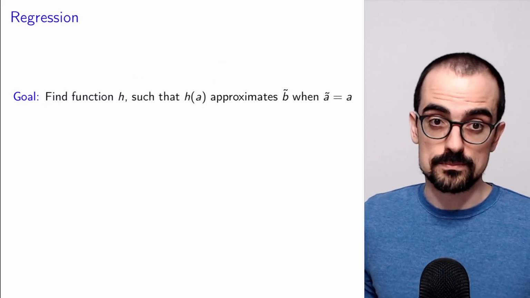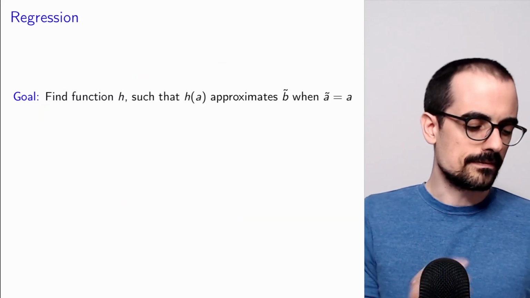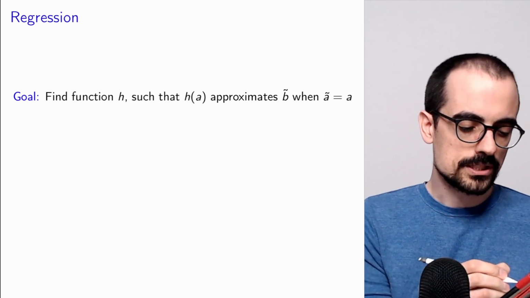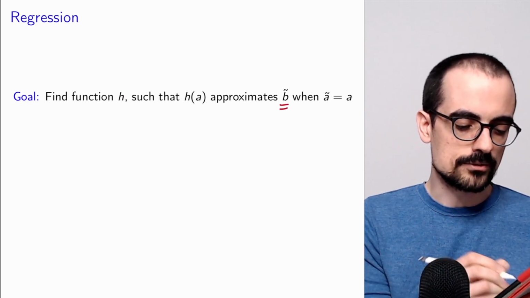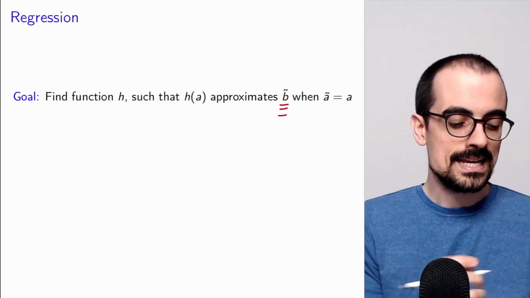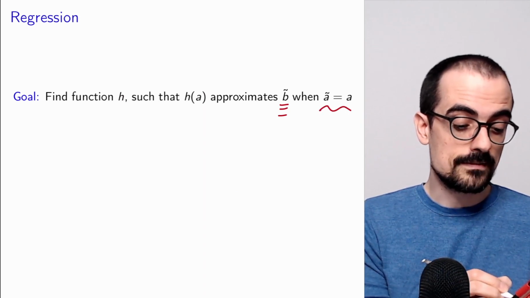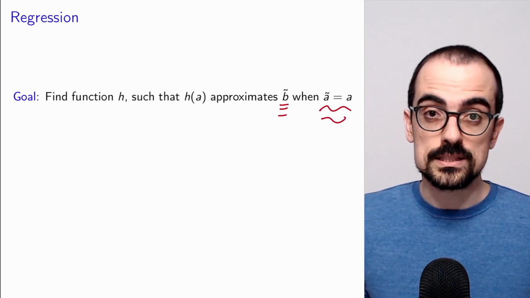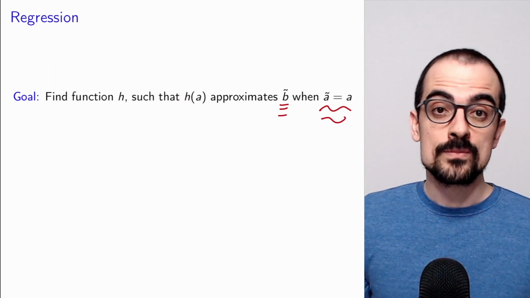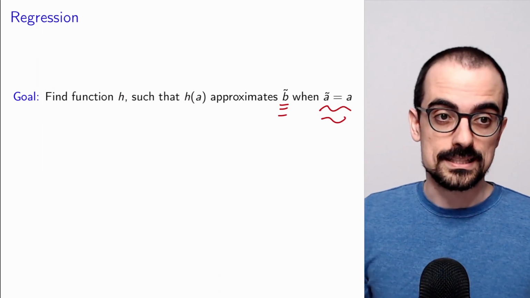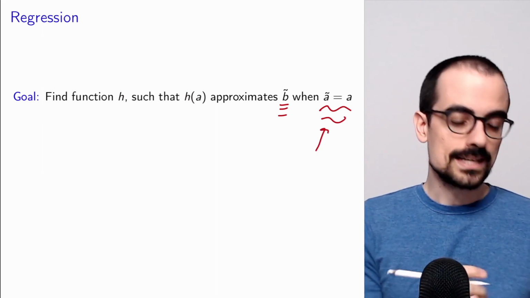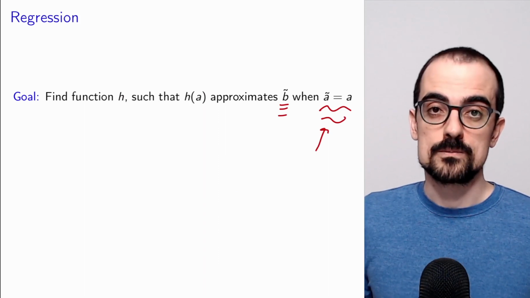So that's the regression problem. We want to find a function h that approximates a certain random variable that represents our quantity of interest, given that we observe the value of a related quantity that we call a, or several related quantities. In that case, this would be a random vector instead of just a random variable.